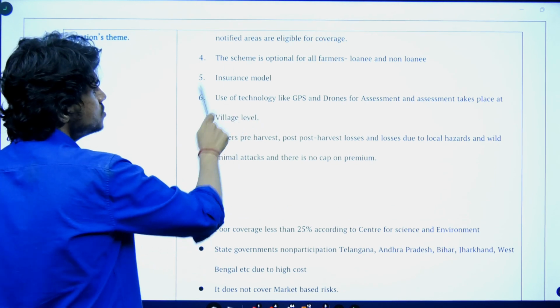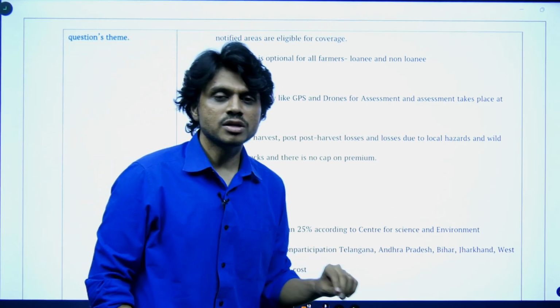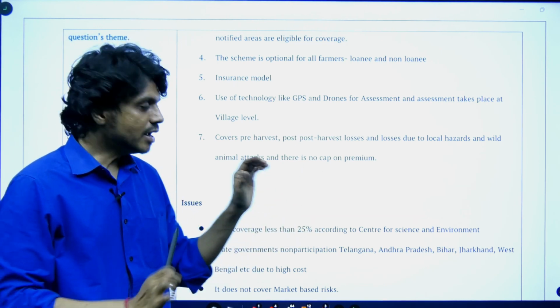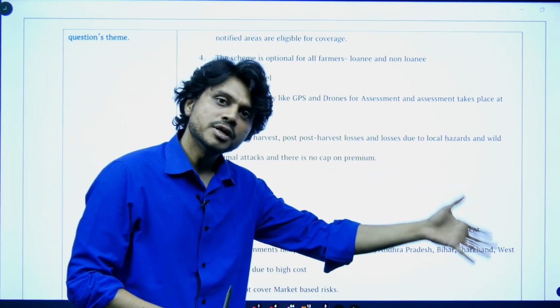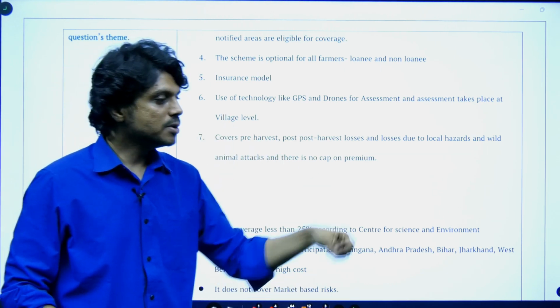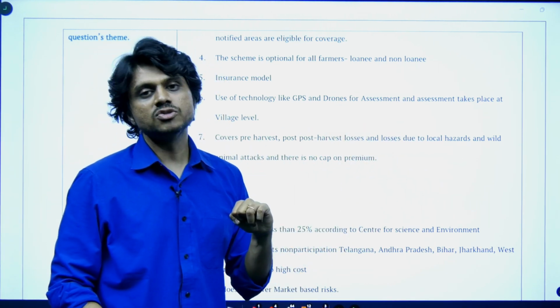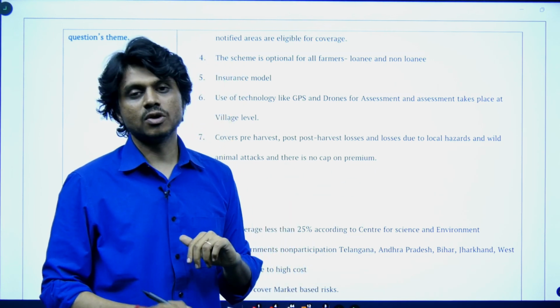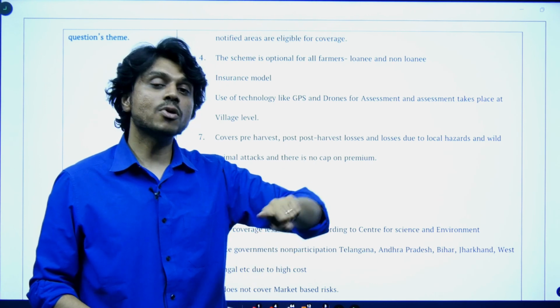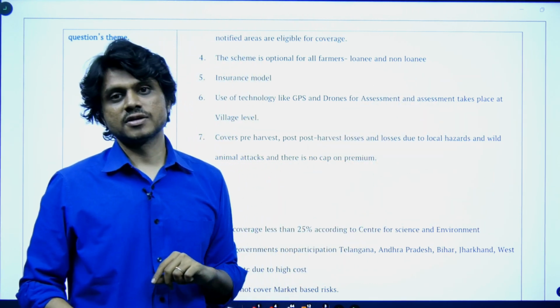And also this is an insurance based model. What is the insurance based model? Government will select a private company and they will pay the premium to that company, and if there is any loss or damage, government will ask that insurance company to pay the amount for the loss. The insurance company will monitor and deposit the money in the banks.